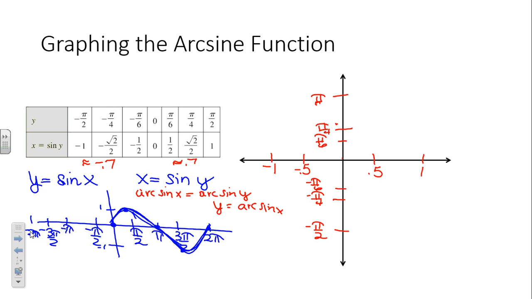It's tiny. I didn't have a lot of room. All right, so here we go. When we were at negative 1 for x, the y is that negative 1.2, or pi over 2. And when y is a negative pi over 4, we're at that negative 0.7.